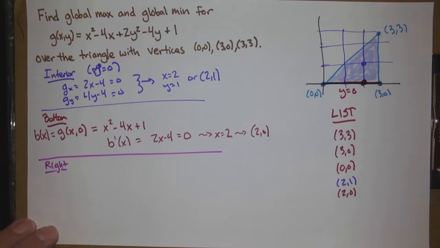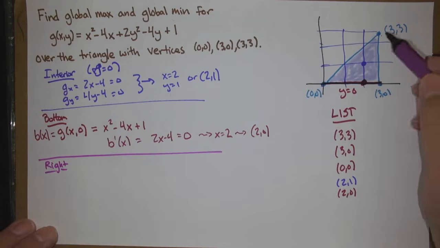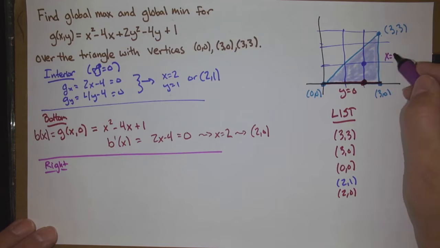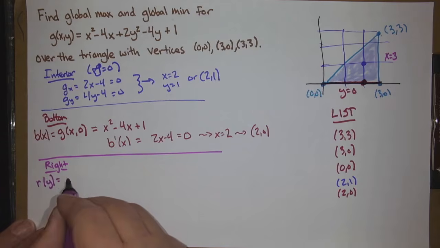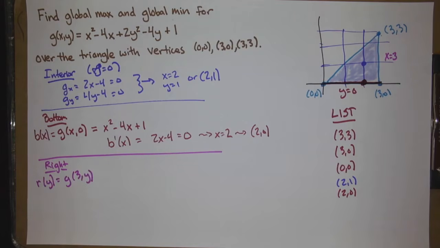Choose the right when the choice is placed before you. All right, so what describes the right curve? X equals 3. So I can think of this, I'll call it r as a function of y, is g of 3 comma y. So I'm using the description of the curve to rewrite the function to one variable.